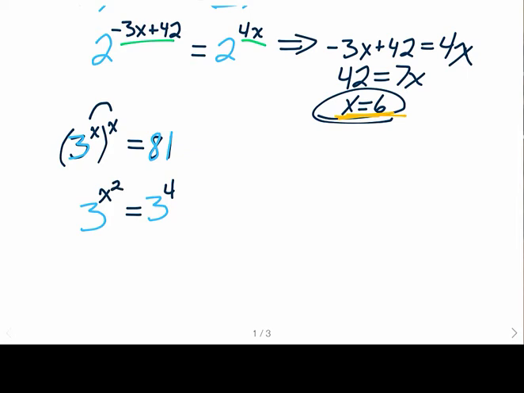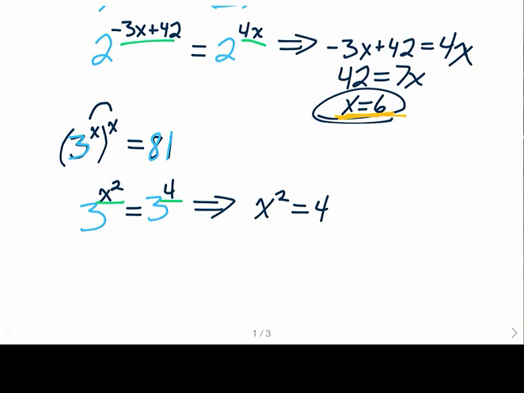So 3 to the x squared, yeah, you can put an exponent on an exponent. If 3 to the x squared is equal to 3 to the fourth, then that will imply, since the results are equal and the bases match, the exponents must be equal. x squared is equal to 4. And so we see when we can make the bases match, we end up with equations that are fairly straightforward to solve.